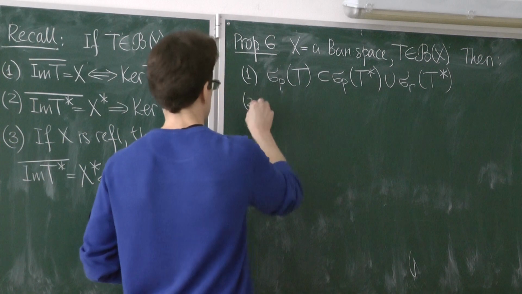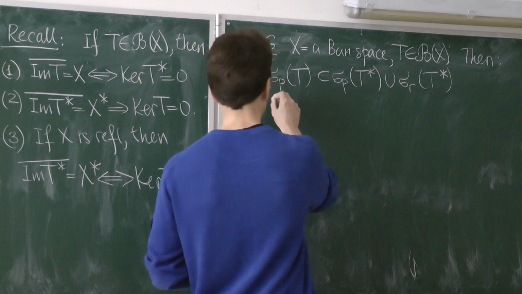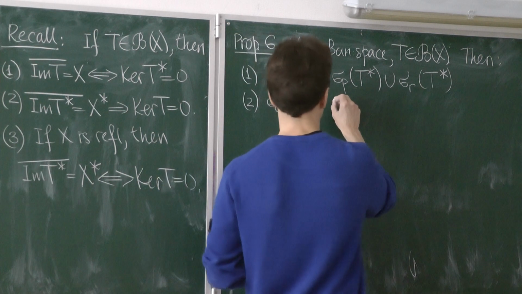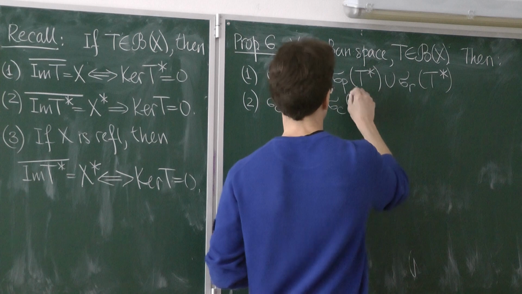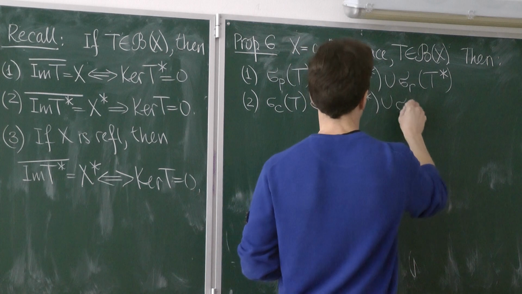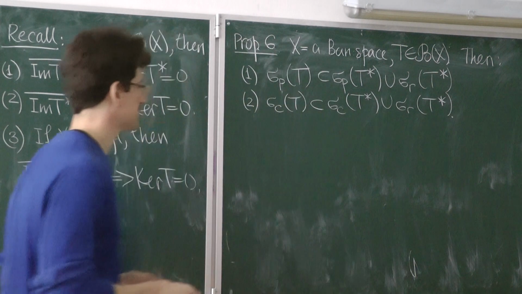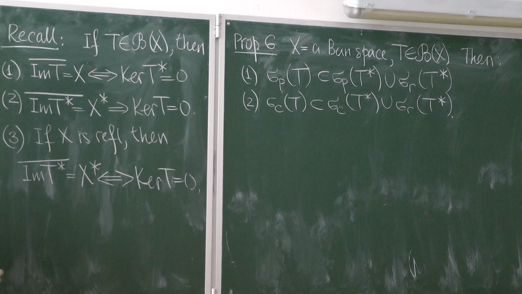Okay, on conclusion 2, the continuous spectrum of T is contained in the union of the continuous spectrum of T star and the residual spectrum of T star. Again, why is it so?